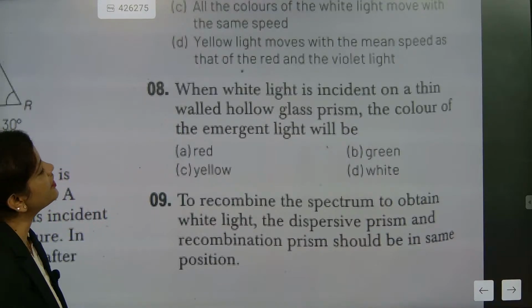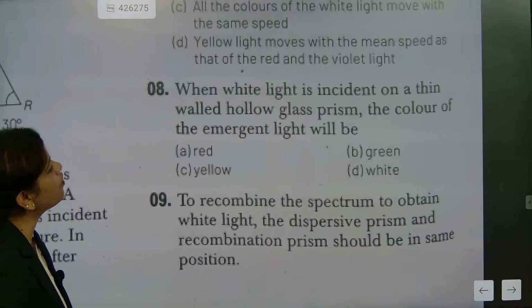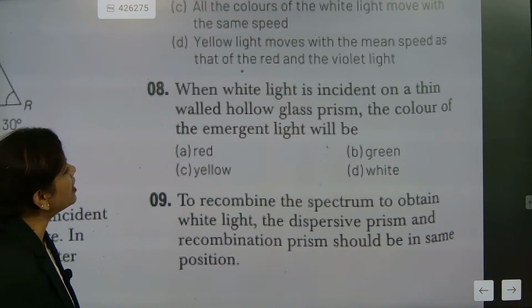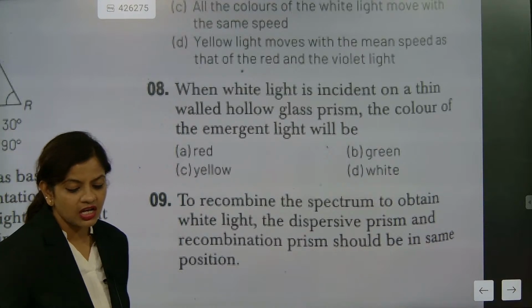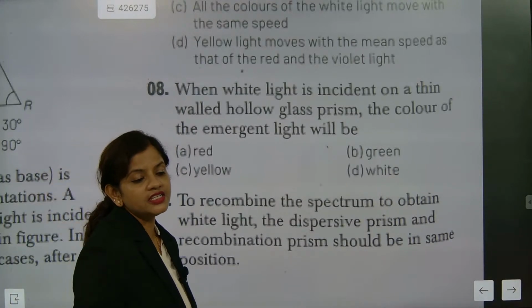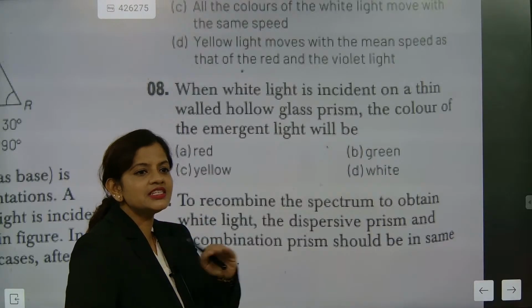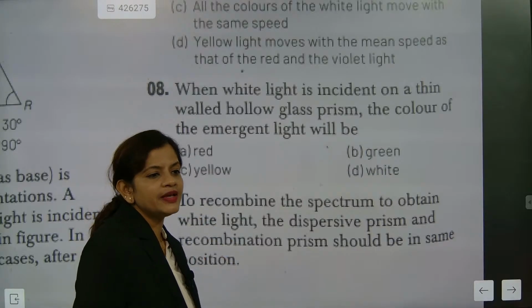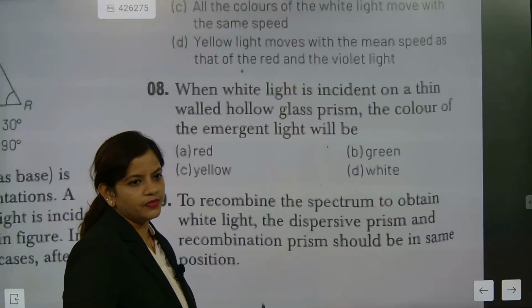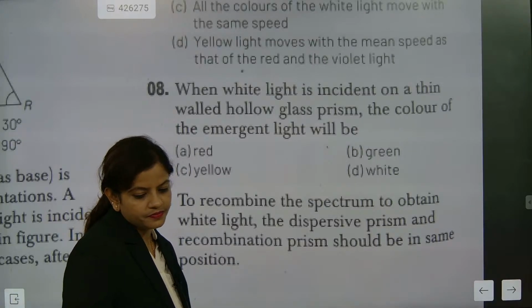See, we need to understand: when white light is incident on a thin walled hollow glass prism, which color will the emergent light be? You need to understand that all the colors inside the hollow prism will move with the same speed.